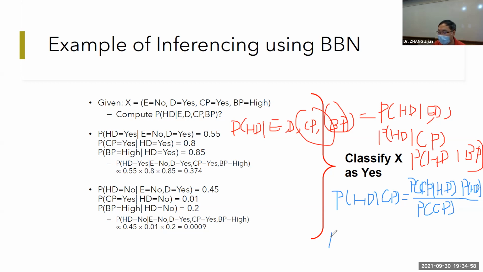And for the BP, the same story. P(HD | BP) is equal to P(BP | HD) multiplied by P(HD), divided by P(BP).